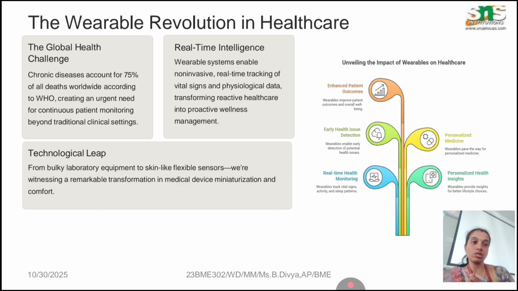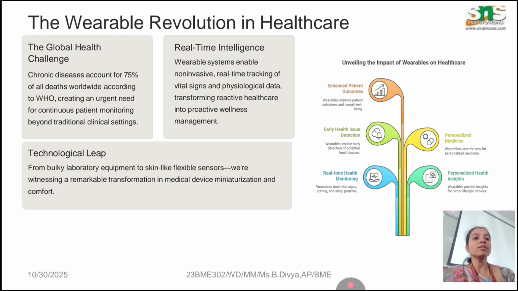Since there is no continuous patient monitoring, the patient will not be able to go to the hospital then and there. So they just leave the disease they have, and they ignore the symptoms they feel. In that stage, 75% of deaths occur. That is what the World Health Organization tells.